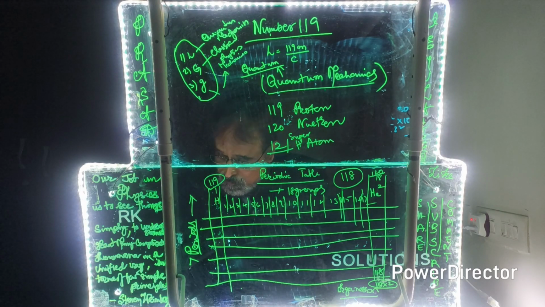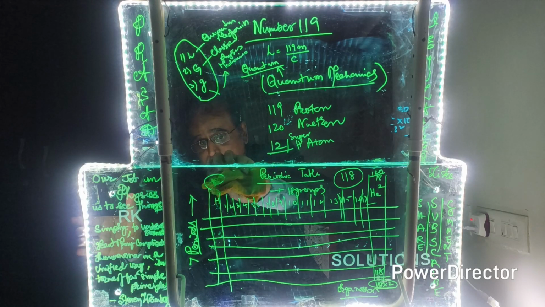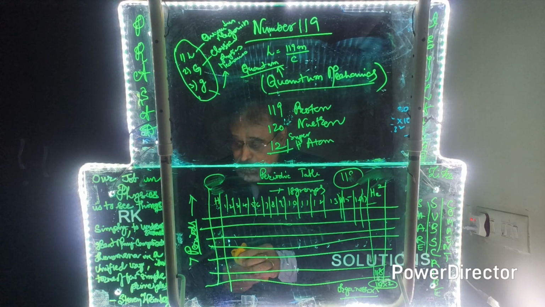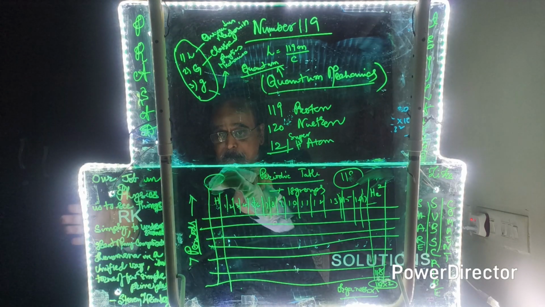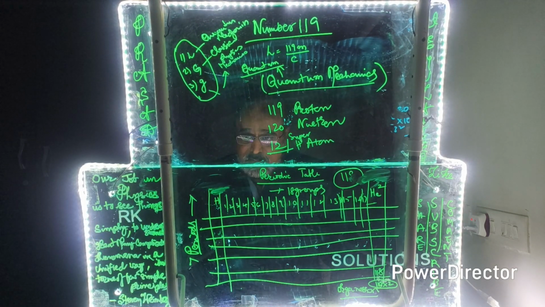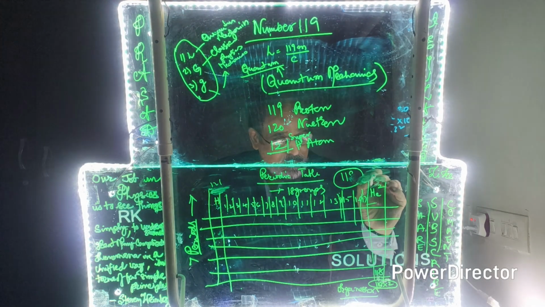So basically, what is happening here, let's say these elements will now be 121, 122.